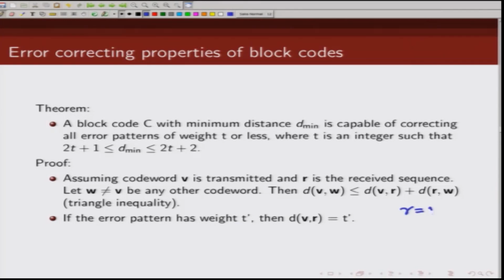R is nothing but V plus this error pattern, correct. So, the Hamming distance between V and R is going to be the weight of this error pattern, which we are denoting by t dash.